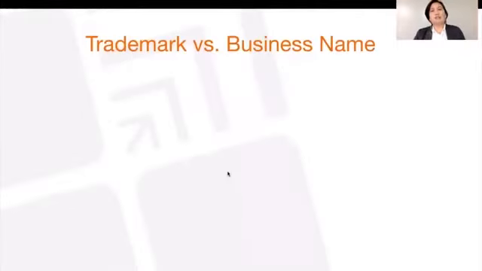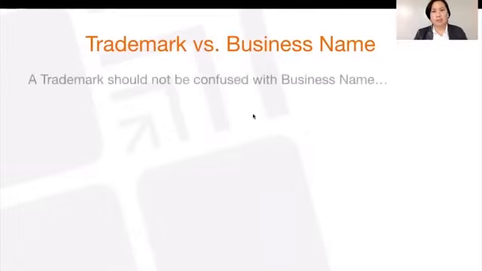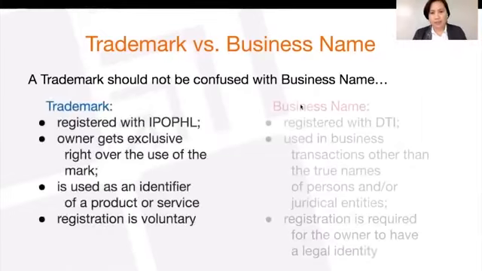This is also very important that we would like to share with our audience. The trademark is not the same as business name. Therefore, it cannot be confused. It should not be confused. Okay. A trademark should not be confused with a business name. Okay.